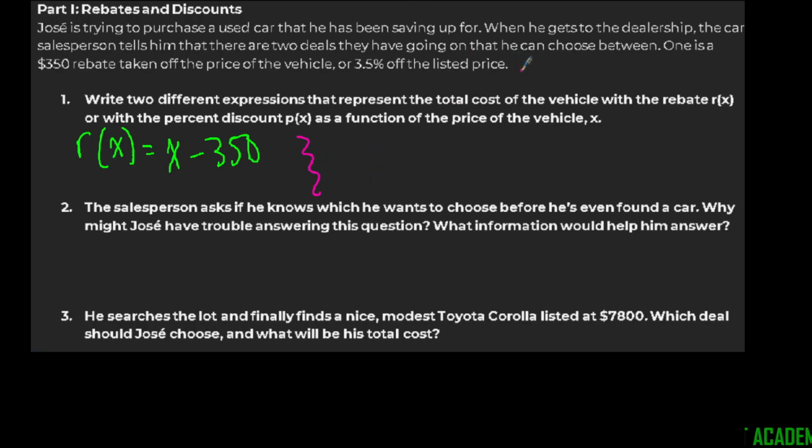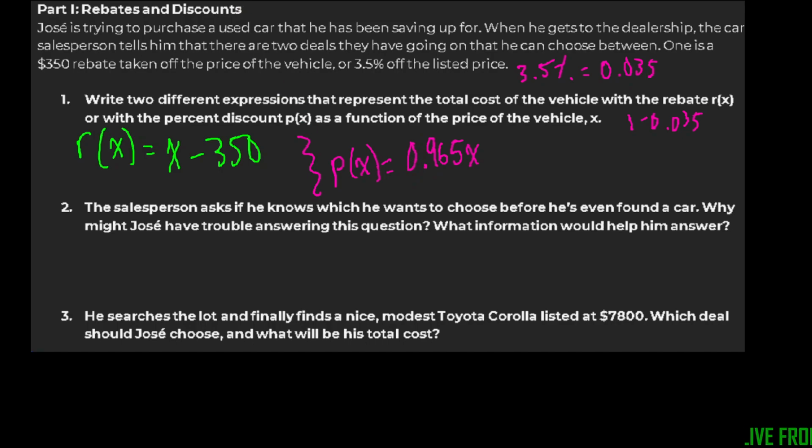So 3.5% is equal to 0.035. And so we do 1 minus 0.035. And we're going to say that P of x is going to be equal to 0.965 times x, where this is the remaining amount that Jose would have to pay.